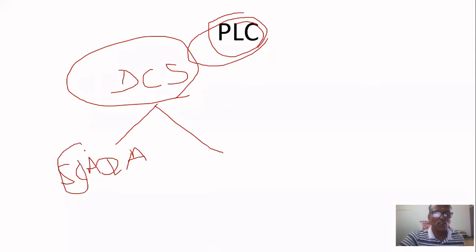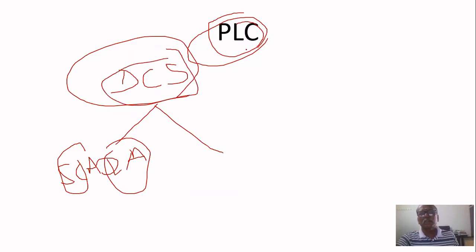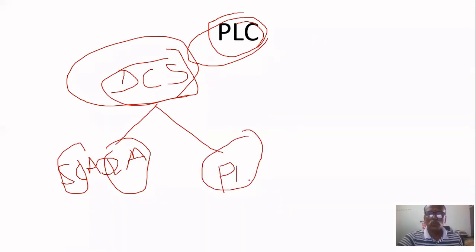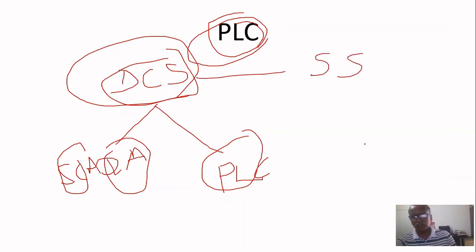One is supervising all controllers and acquiring data. That's all. But those things can be done by DCS. And for PLC, some sequence of operations can be done. That also can be done by DCS. That's why PLC is also a subset of DCS. So DCS is the superset, and SCADA and PLC are subsets.